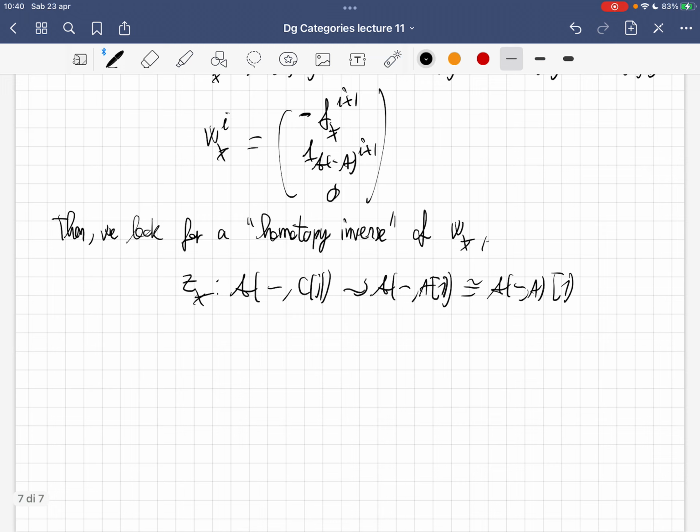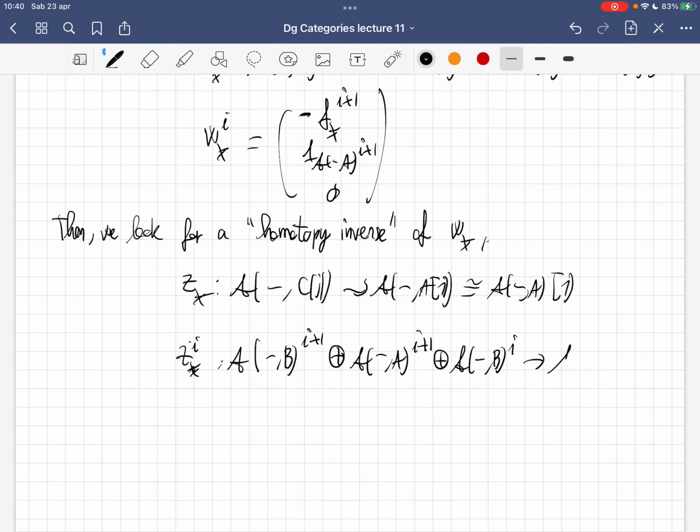And then again, this is going to be a matrix, and the ith component is going to be something like this. I+1, I+1, I, and then I+1. Okay, so what is that? What is this going to be? Well, not many choices here.